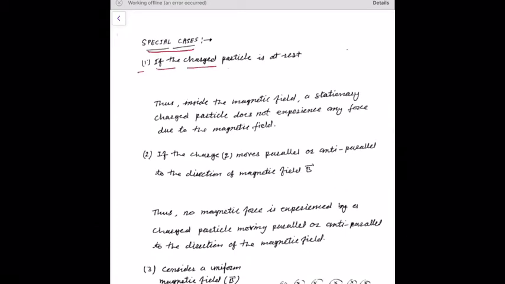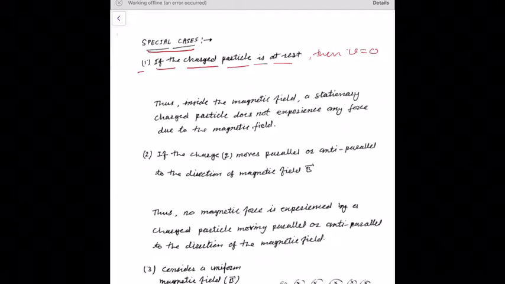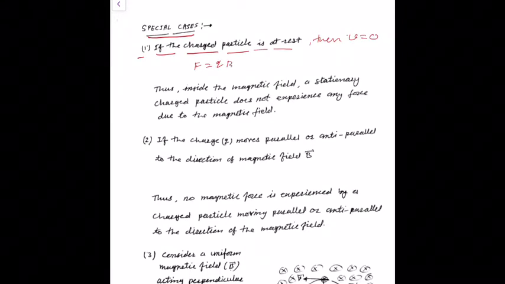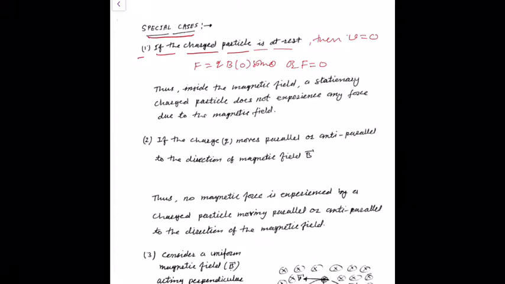First, if the charged particle is at rest, then v is equal to 0. From the equation, F is equal to qvB sine theta, we can write F equal to 0.